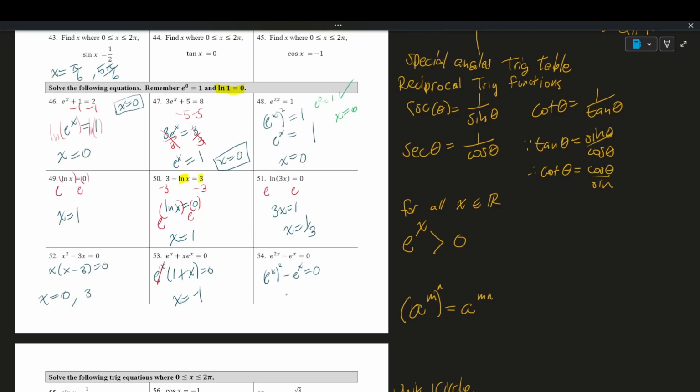And here we can factor out e to the x. So e to the x, e to the x minus 1 equals 0. Again, e to the x cannot equal 0, but e to the x minus 1 can equal 0. That means e to the x must equal 1, and that means x must equal 0.